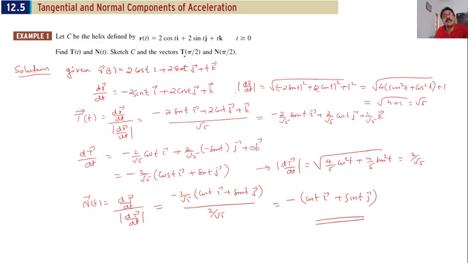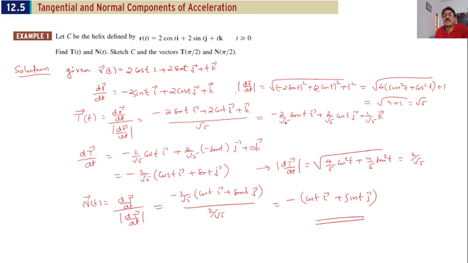And we can find the unit tangent vector at pi by 2 by putting t is equal to pi by 2 in this expression. Here T(t) is equal to minus 2 by root 5 sin t i plus 2 by root 5 cos t j plus 1 by root 5 k. So when you put t is equal to pi by 2, sin pi by 2 is 1 and cos pi by 2 is 0, so this term is 0.